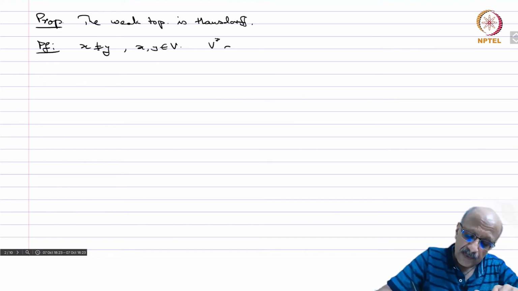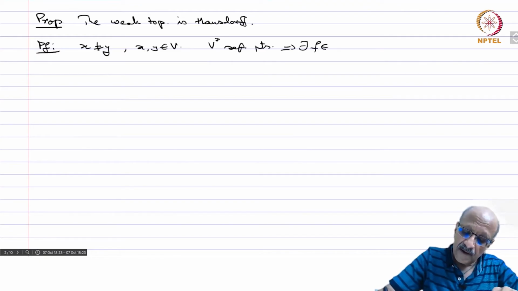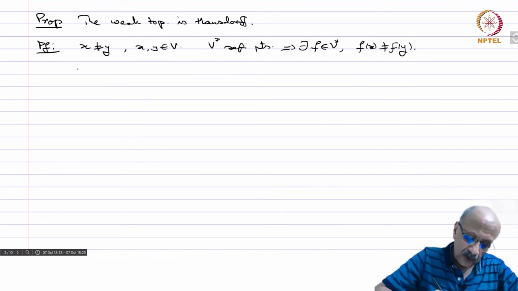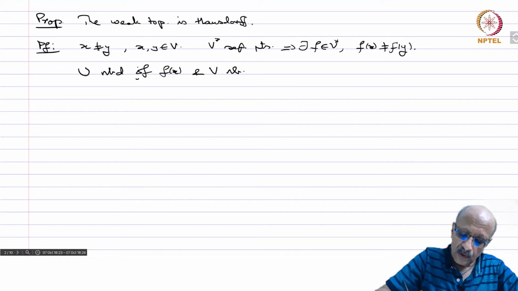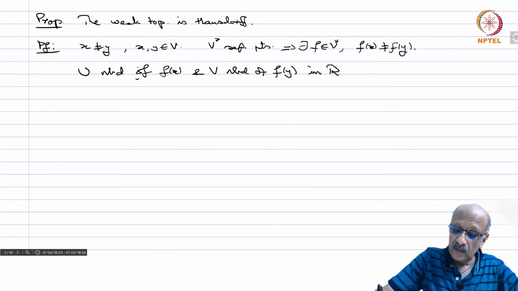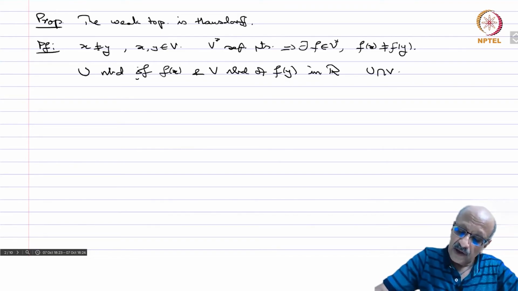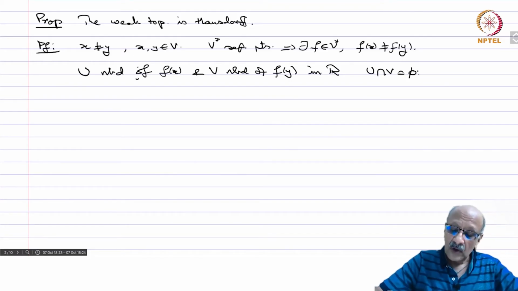Therefore, V star separates points, which implies there exists an f in V star such that f of x is not equal to f of y. So let us take U a neighborhood of f of x and V a neighborhood of f of y in R or C, whichever you want, and then U intersection V is empty, because the real line or complex plane is Hausdorff anyway, and therefore you can always find this.